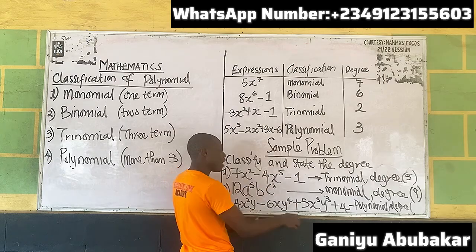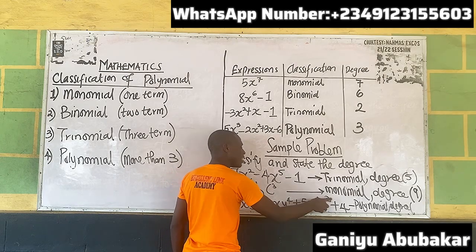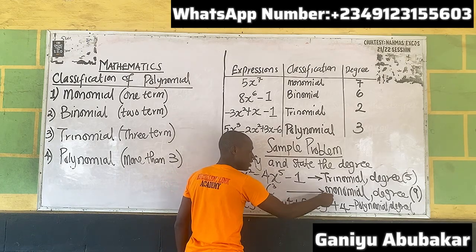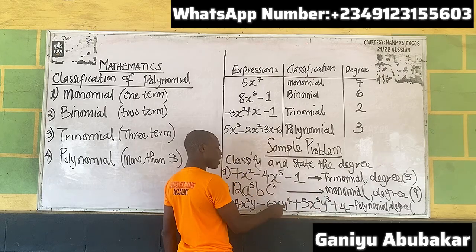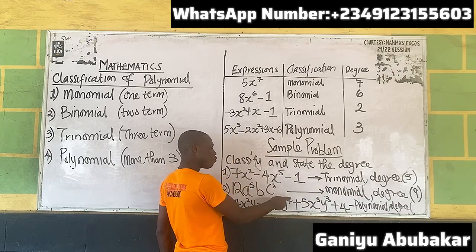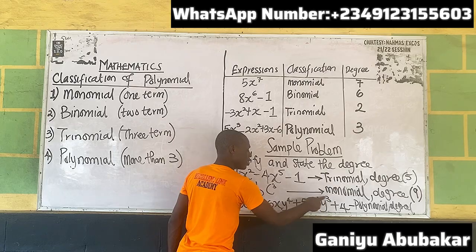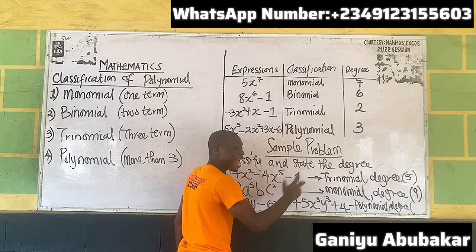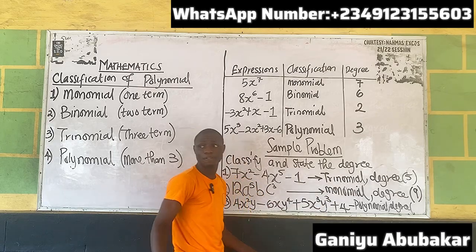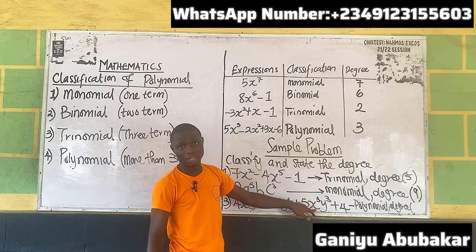But look at this other one, they're having 3 and 3. y is 3 and x is 3. The first has y with 4 and x with 1, so 4 plus 1 gives you 5, and 3 plus 3 gives you 6. So the highest power goes to this one, and that's 6.